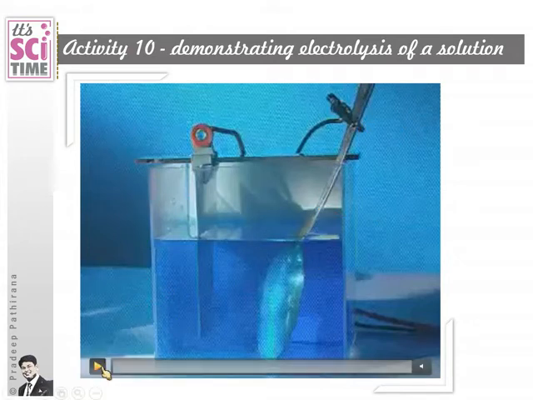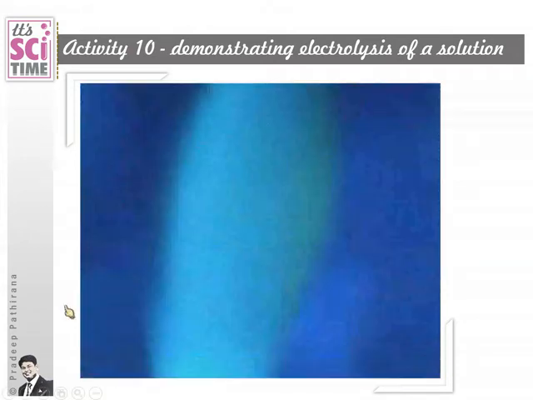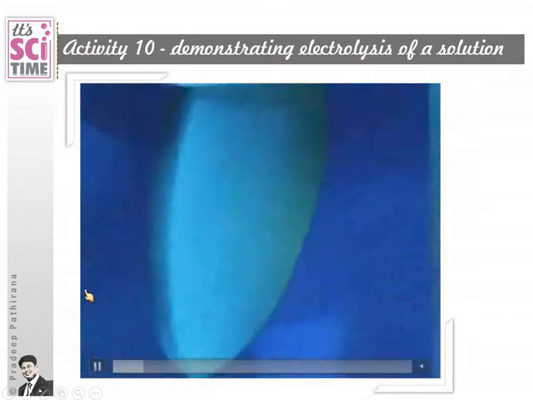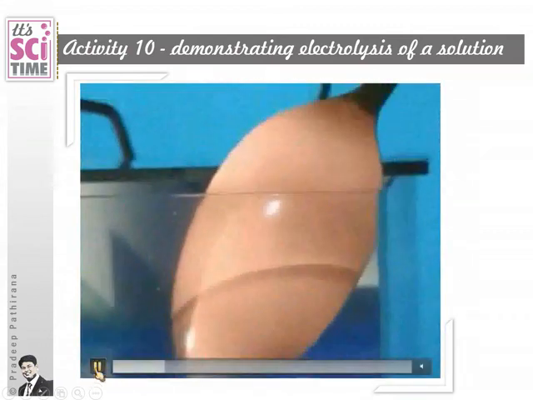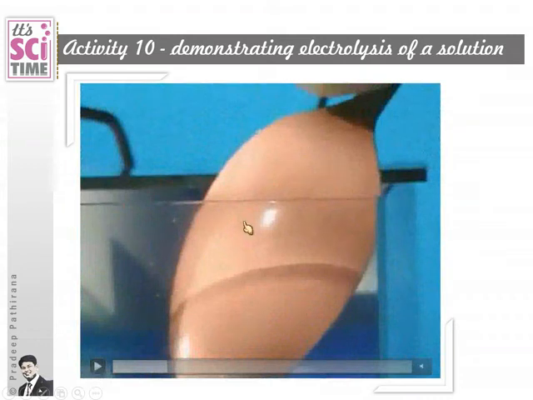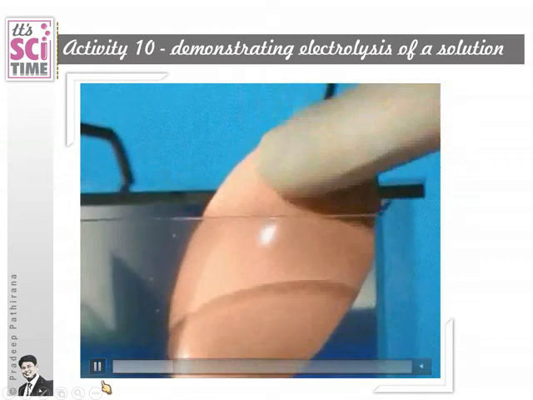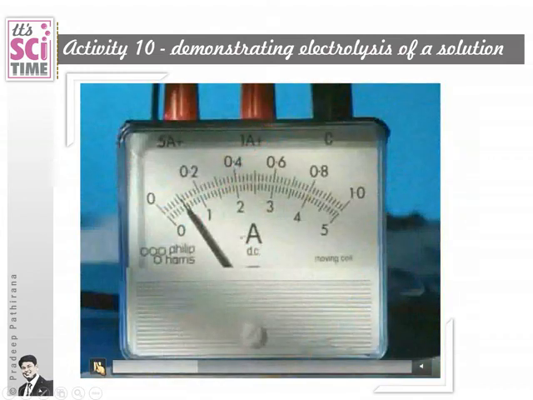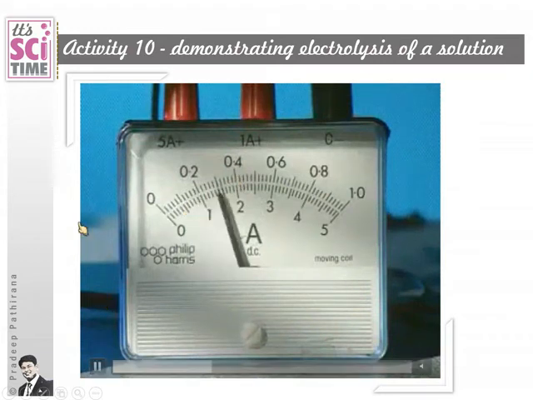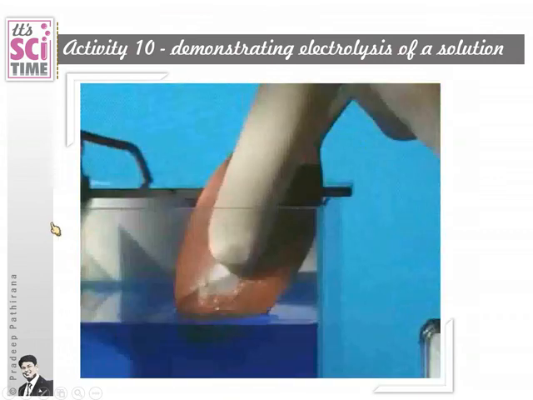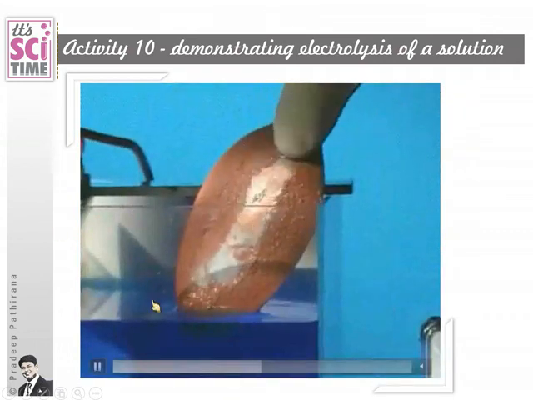Here was the process. Once we switch on the power supply, on this spoon you can see a brown colored substance has been deposited. A nice thin coating. This is with a very small current, we supplied around 0.1 ampere. If we increase this current, what will happen? This time, increasing the current and doing the same process, this is the result.